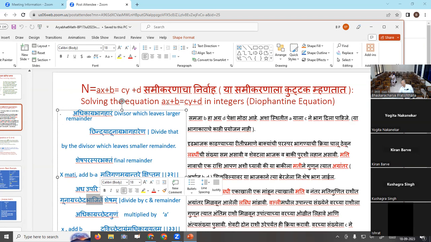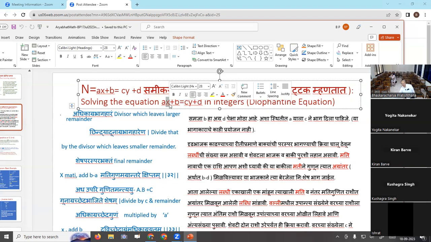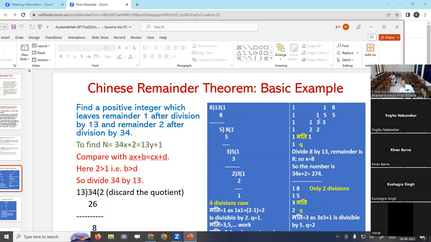In our language, what is the value of x? I said that first of all, you can get the last number, that is 8. But if it is large, you can further simplify it by dividing by c. Divide by c and find the remainder, and that is the actual value of x. In this problem, 8 is there, and c is 13.